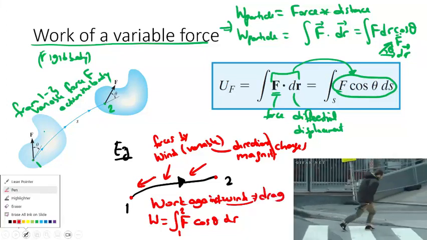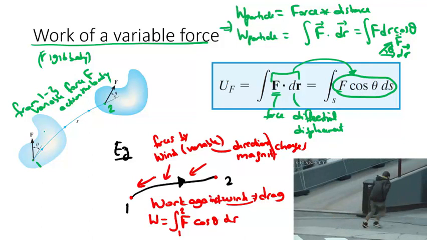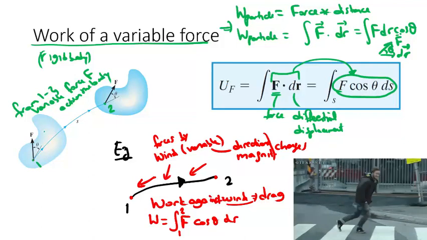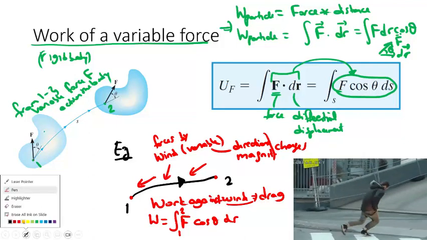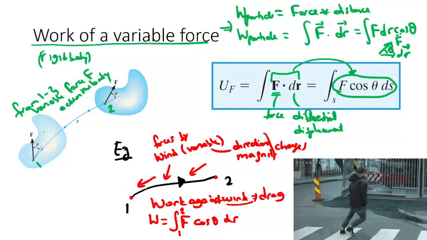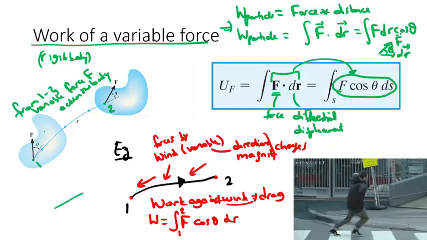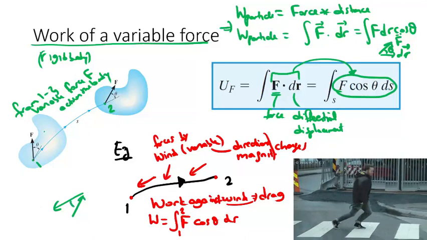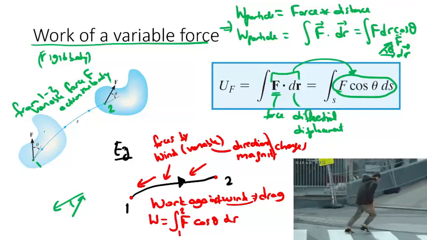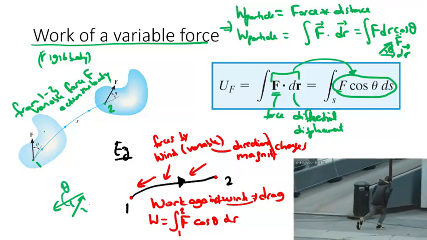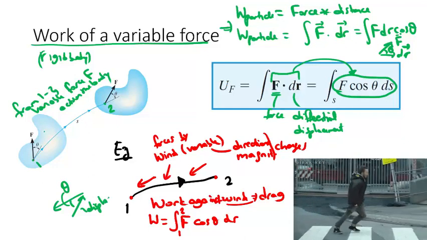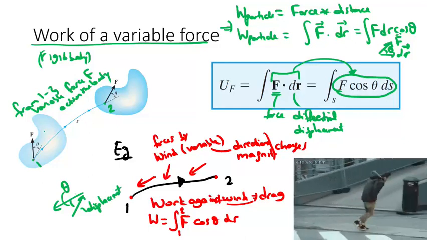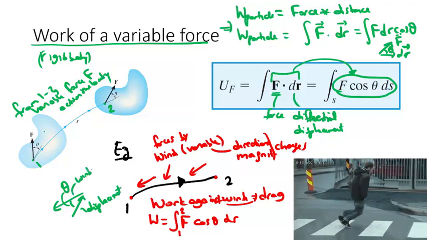One more thing is, what is theta, what is F, what is dr? In that case, if it is the wind, and if it is your displacement, that's the theta. This is theta, and this is your displacement, and this is the wind force.